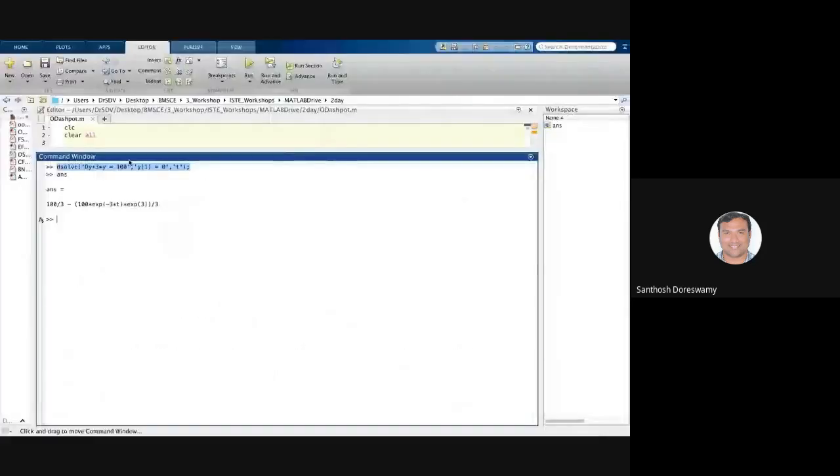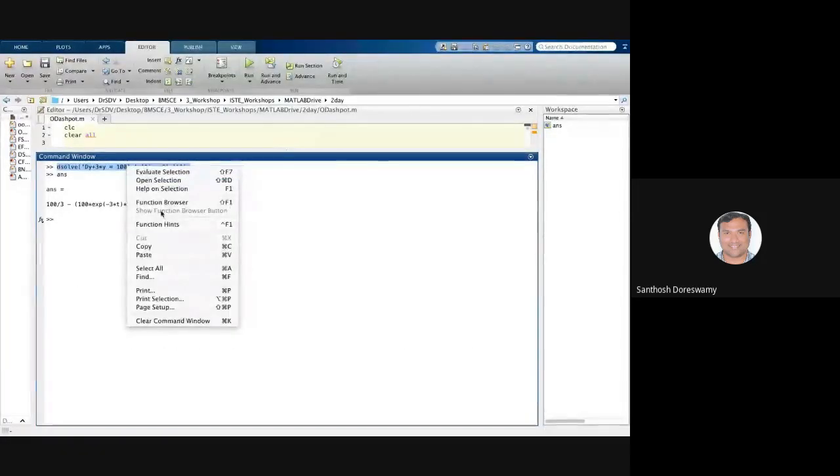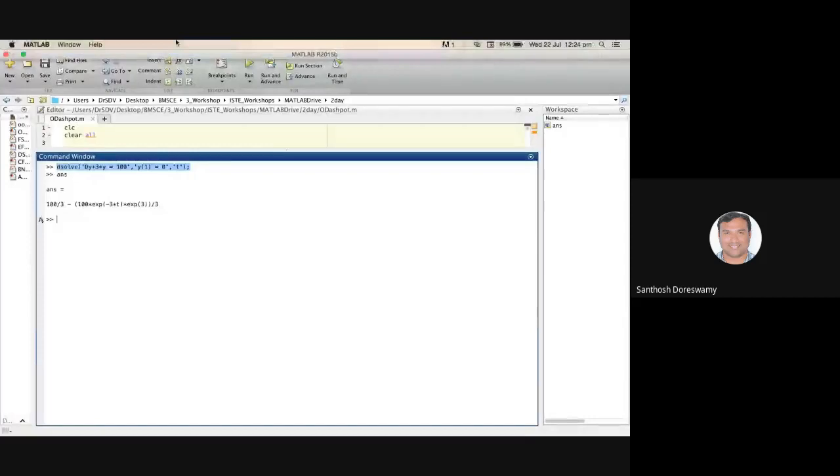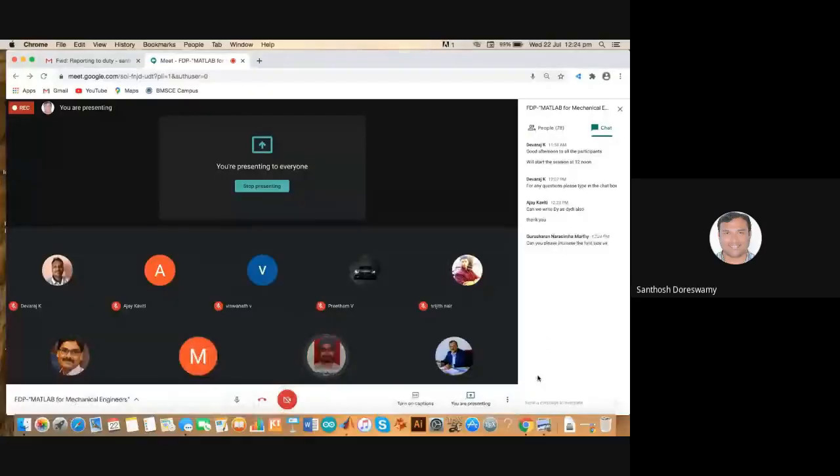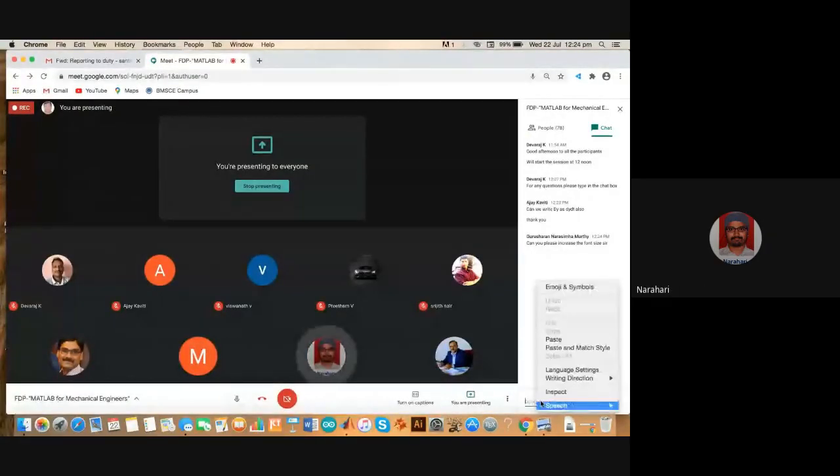Okay, I will try to copy this. Santosh sir, excuse me. Yes sir. Can you please increase the font size for that MATLAB window?